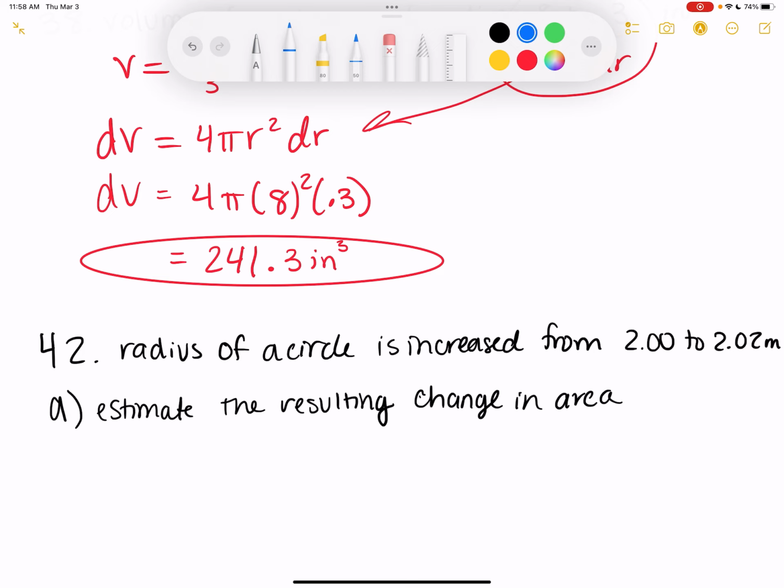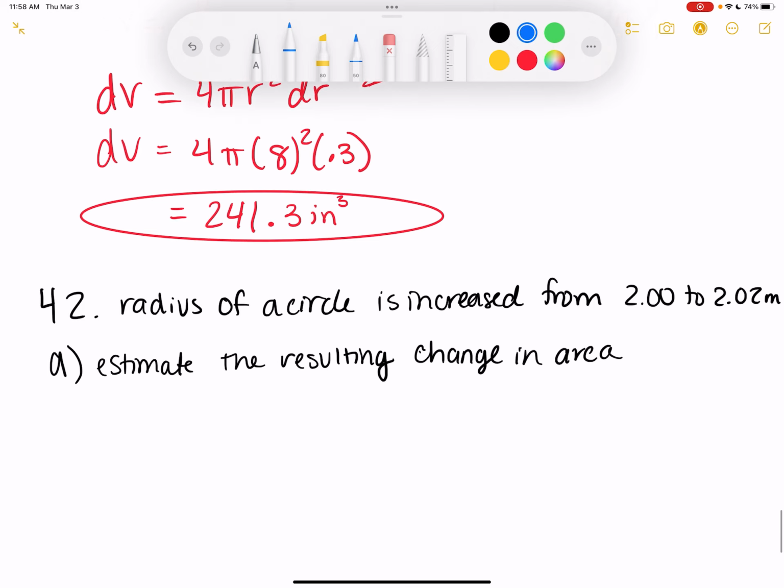So now, what is area of a circle? Pi r squared. Okay, my dr value is 2.02 minus 2, which is just going to be 0.02. So that's going to be the dr value I'm going to use.